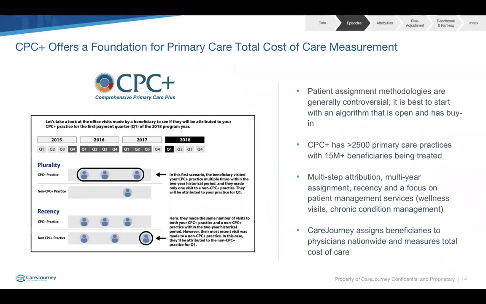So we've extended the logic that CMS applies for this specific care model that's in practice at around 2,500 sites and scaling by 2020, thanks to Primary Care First, which is the next iteration. And we've applied that logic to every primary care doctor in the country and built a total cost of care model tied to that attribution logic.